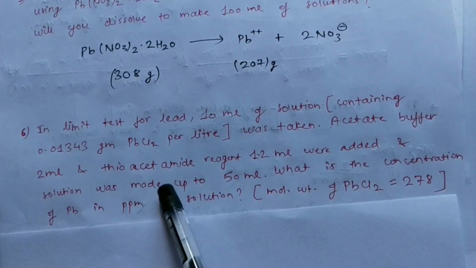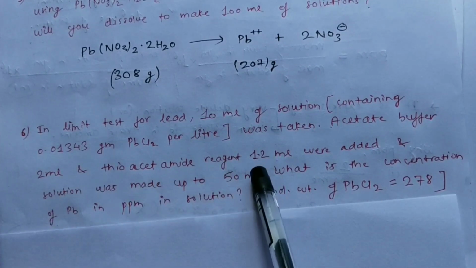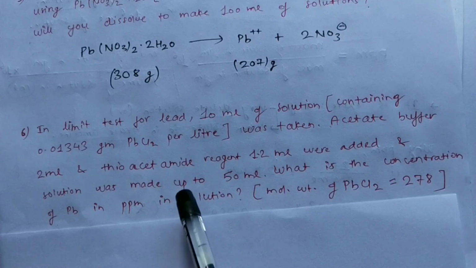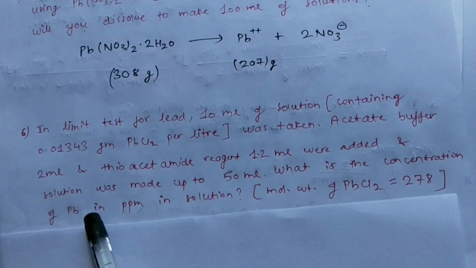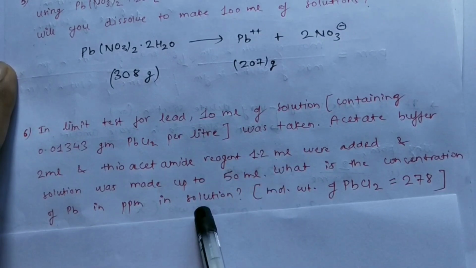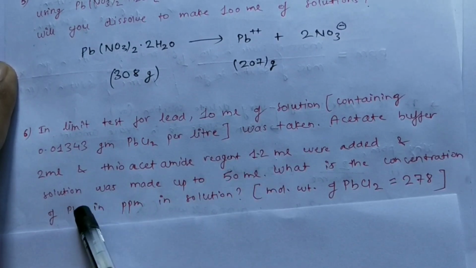So to find out the concentration of Pb in parts per million, we have the final volume of solution. We just need to find out the mass of Pb in the final solution.